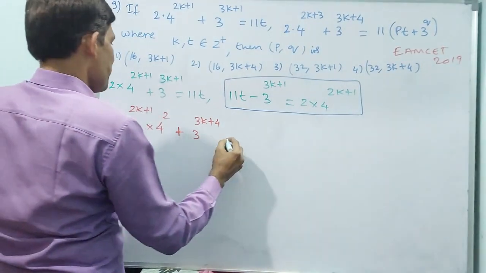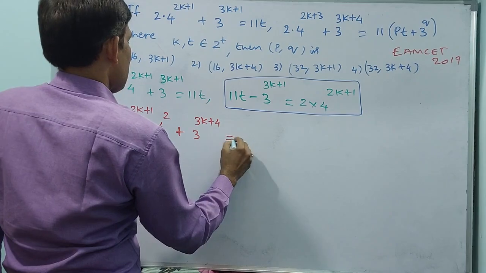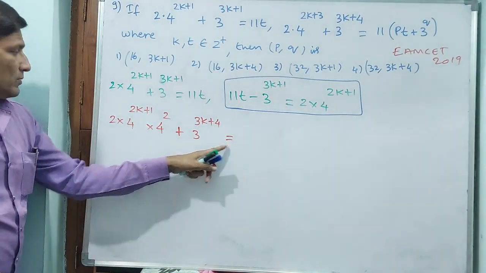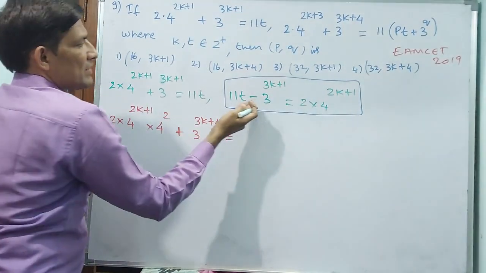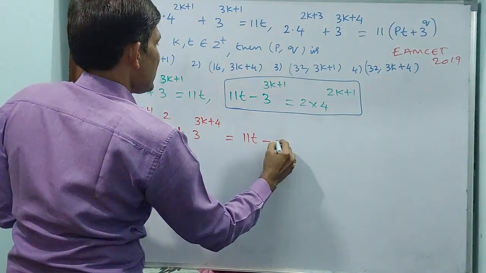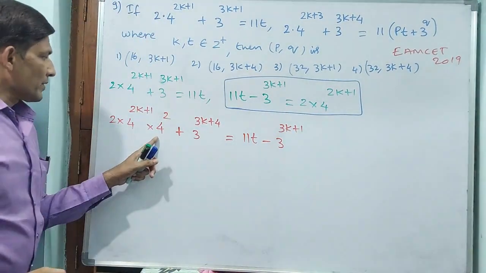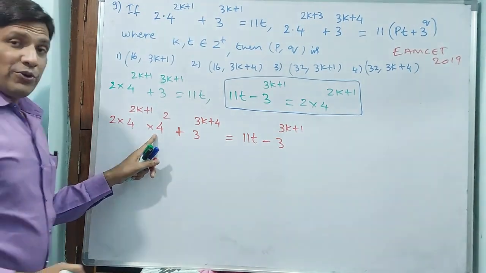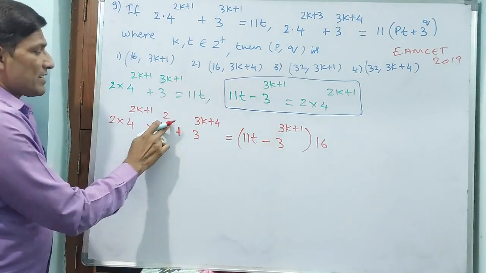Now you see, equal to, we have here 2 into 4 power 2k plus 1, which is this one. You write down again 11t minus 3 power 3k plus 1, into 16, since 4 square is 16.